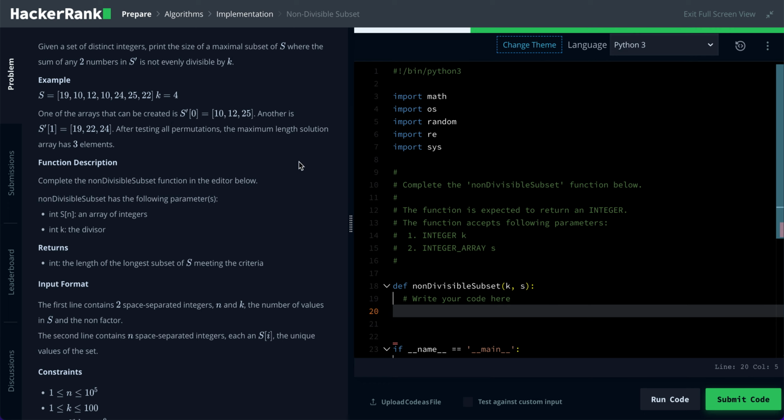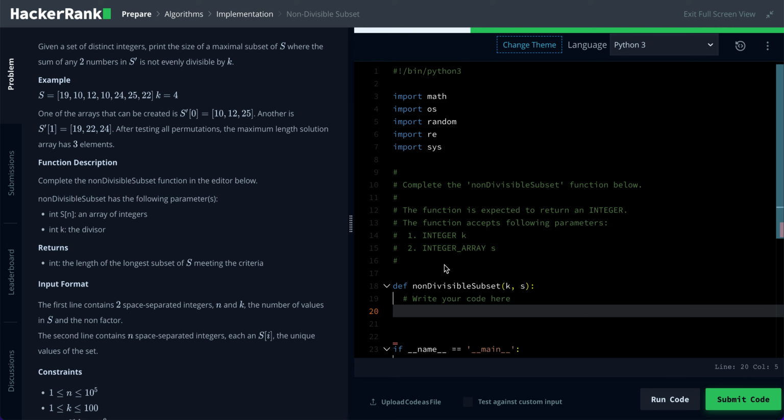And then any subarray that would satisfy that condition, you would compare the maximum lengths of those subarrays and provide an answer for the longest subset array. So a couple steps, but it should be fairly intuitive if you think about it for a little while.